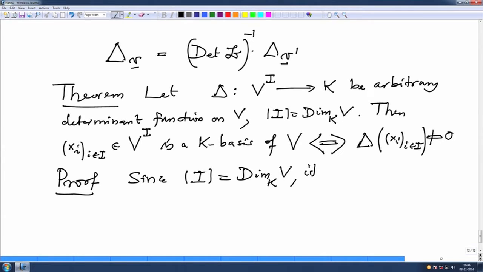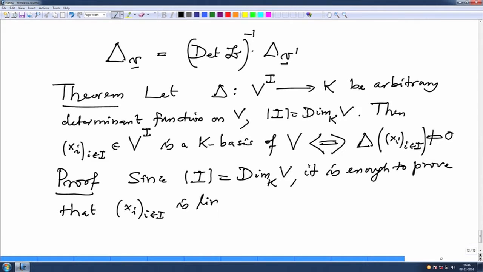It is enough to prove that the tuple xi is linearly independent if and only if delta of this xi_i, i in I, is non-zero.